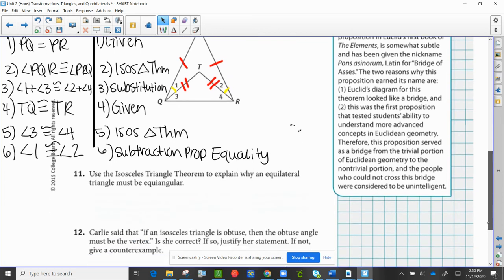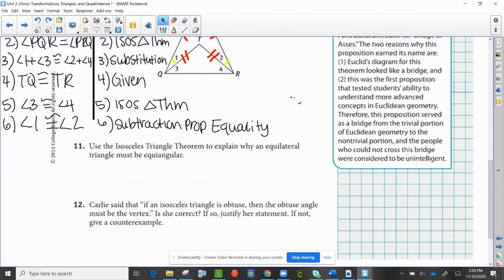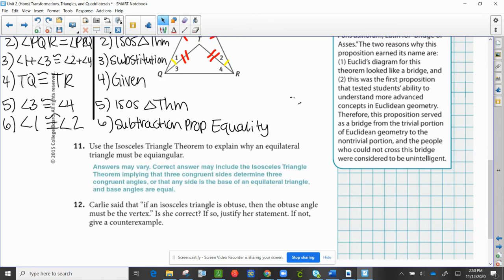Okay. Let's just talk really quick about an equilateral triangle. So something we know about equilateral triangles is all the sides are congruent in an equilateral triangle. So if that's the case, an equilateral triangle is also what we call equiangular, because according to that isosceles triangle theorem, okay, let me draw a real quick triangle.